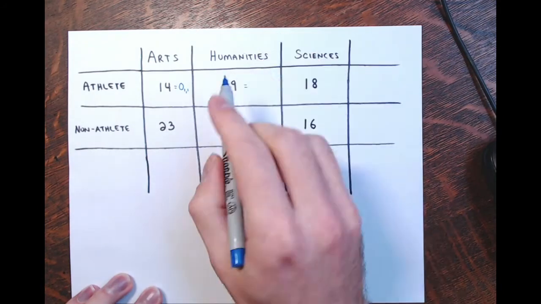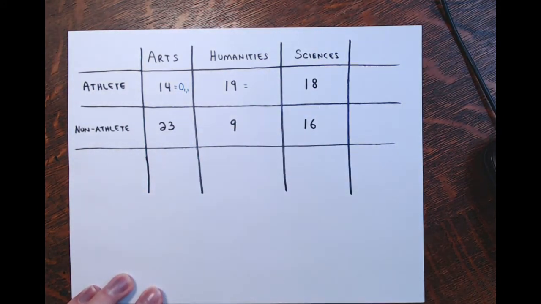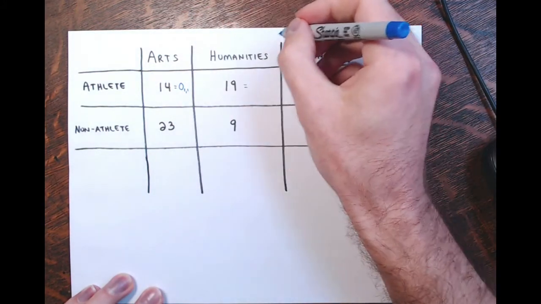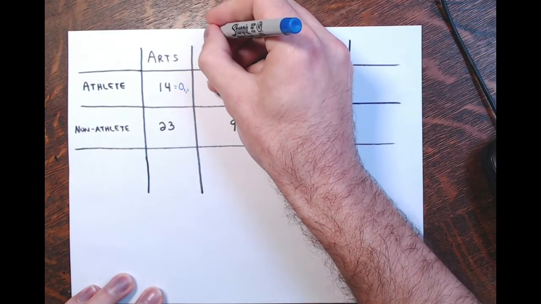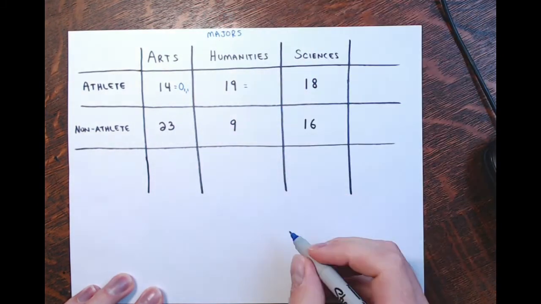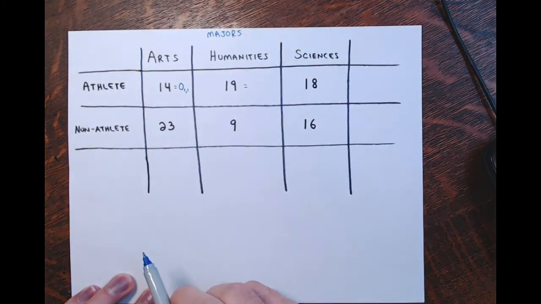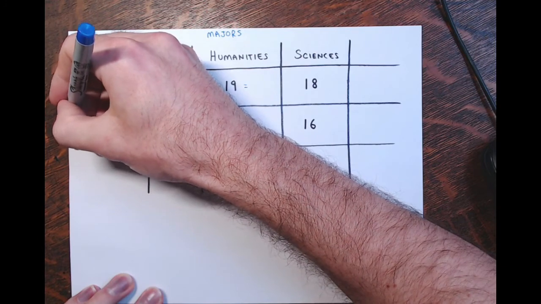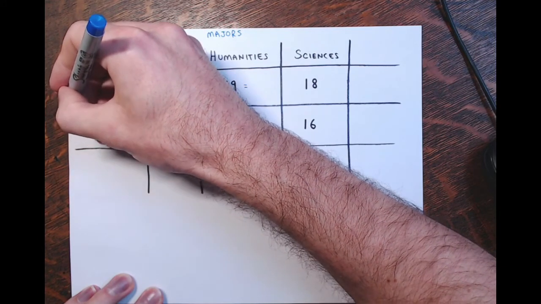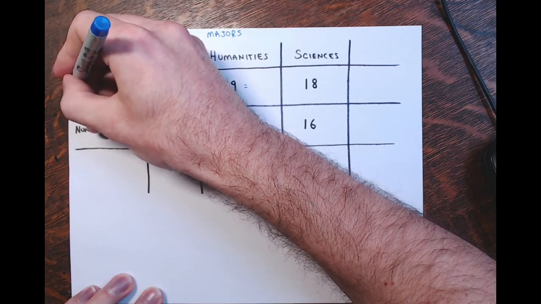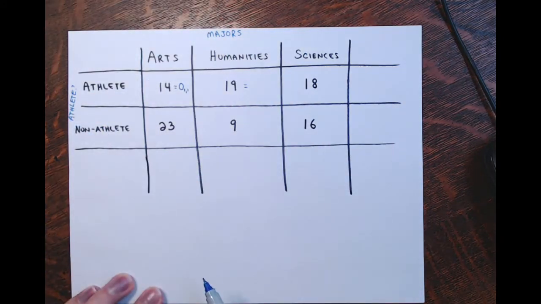And then, of these students that they surveyed, we have two variables here, right? Two factors. Up here, the variable represented is the majors: what are they majoring in? Arts, humanities, sciences. And then the factor over here is athlete or not.